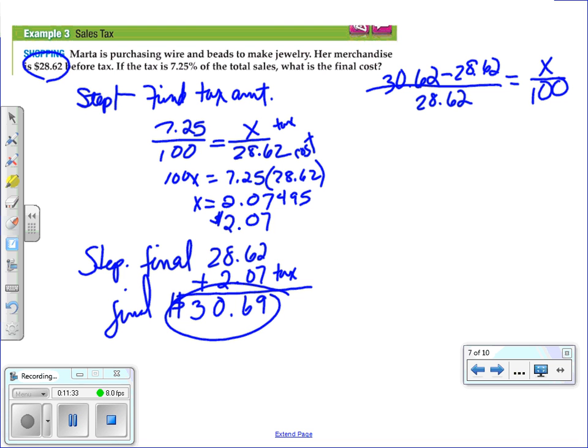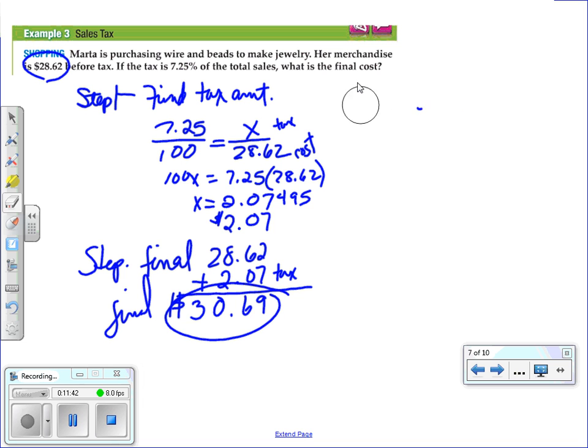Oh, well, guess what? I beg your pardon, guys. We only had to find the final cost. So do we have the final cost? Yes. The final cost is $30.69. So you had to calculate the tax, and then you had to add the tax onto the original price to get your final price. So we don't have to consider percent of change in this problem. Isn't that nice? One less big step.